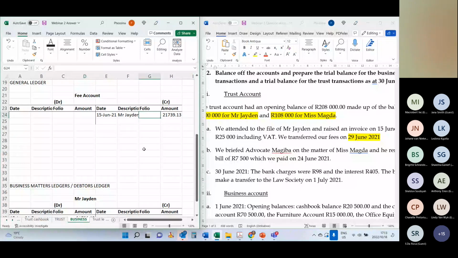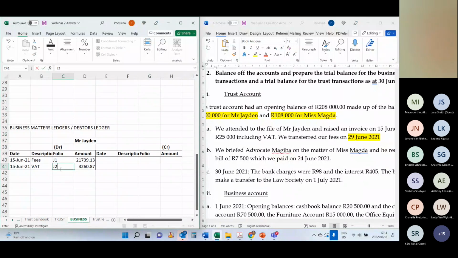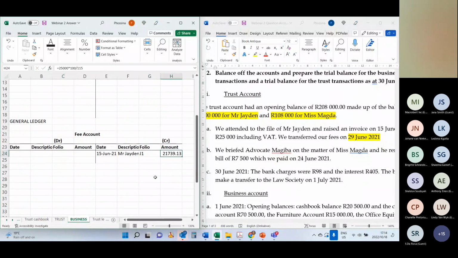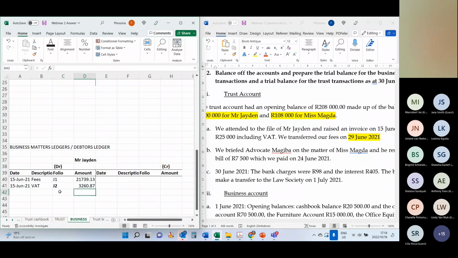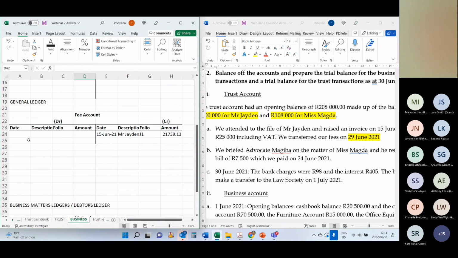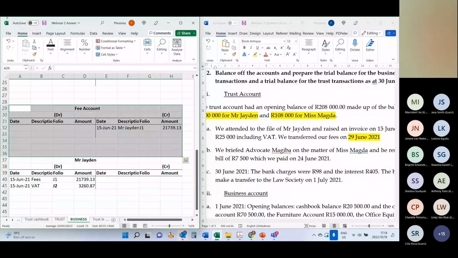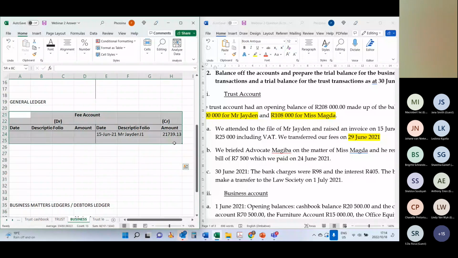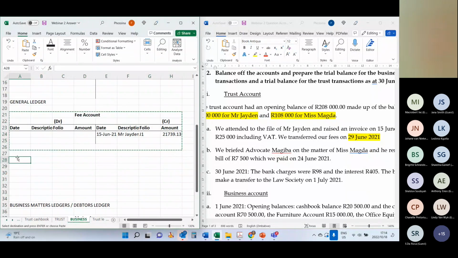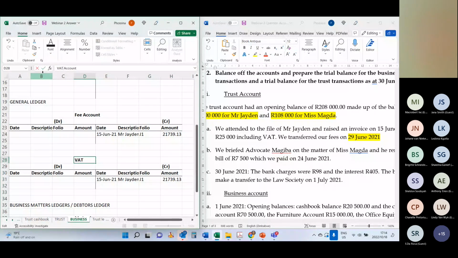So if we can track it, let's track it. We will call this J1. And then the element of the fee, let's call it the VAT, J2. If you have a look at it, J1 is now balancing, but J2 is incomplete. There's a missing ledger, and that ledger we will add in: we are supposed to add in a VAT ledger account.